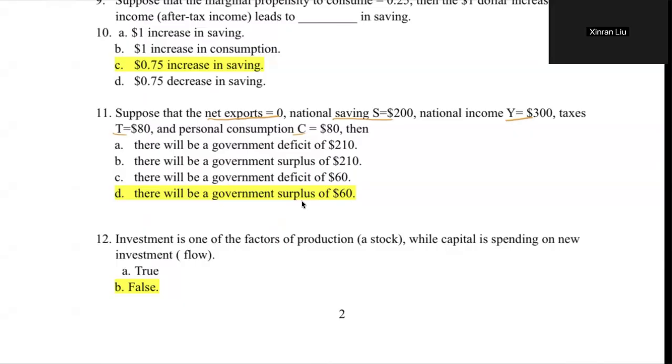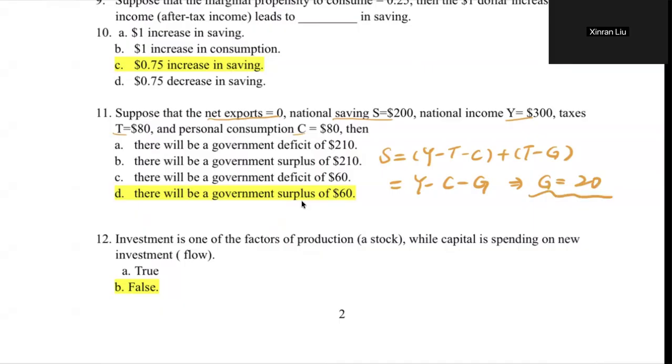So S includes the private saving and the public saving, where the private saving is just Y minus T minus C, and the public saving is T minus G. So here we can simplify that S equals Y minus C minus G. So you can get that G equals 20, right?